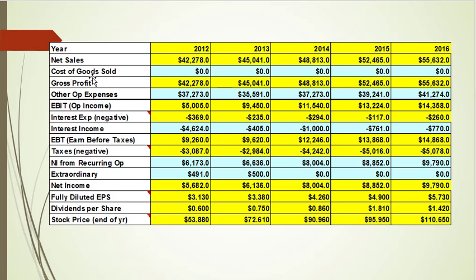As you can see here, this line item, they're all zeros because this particular company does not sell anything. They provide services. So when we go to look at some of our profitability ratios, we're going to have to take into account that there might be some ratios that don't work with respect to this company because cost of goods sold is not a line item.